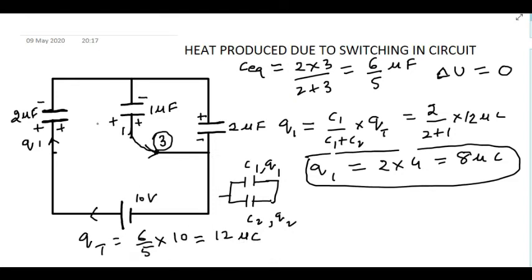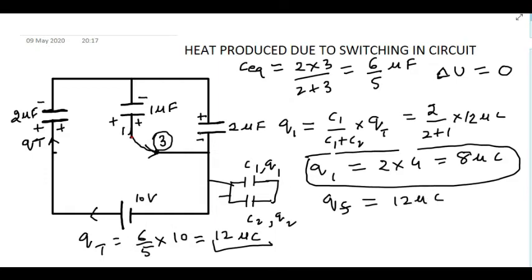It means in the second case, when the switch is shifted from 1 to 3, the whole charge will get associated with the plate of this initial 2 microfarad capacitor. So Q total is 12 microcoulomb, and Q final associated with this is 12 microcoulomb.